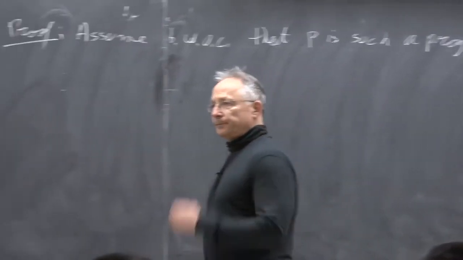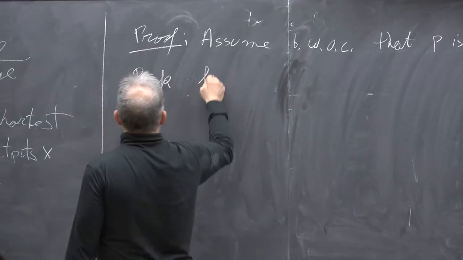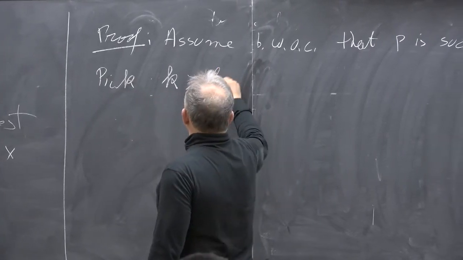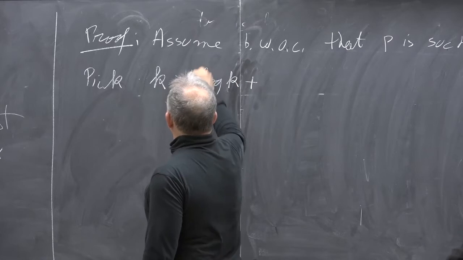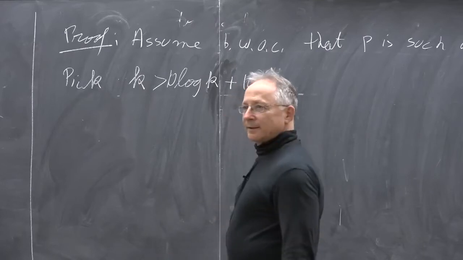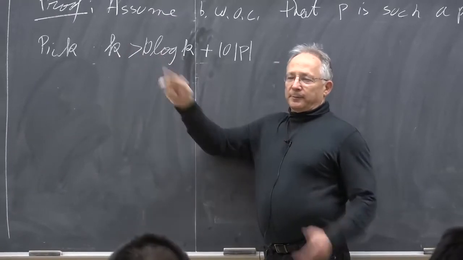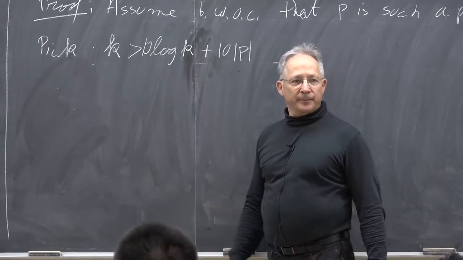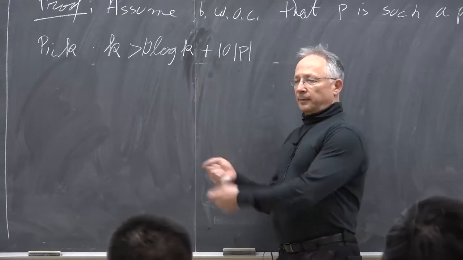And now pick some number k such that k is greater than 10 log k plus 10 times the length of P. Because as k grows, the gap between k and log k becomes bigger and bigger. So I can always pick, no matter what the program length is, such a k. You gave me your program that allegedly does the job, and I picked k big enough.